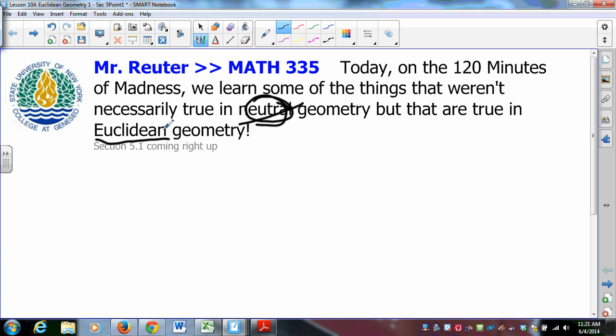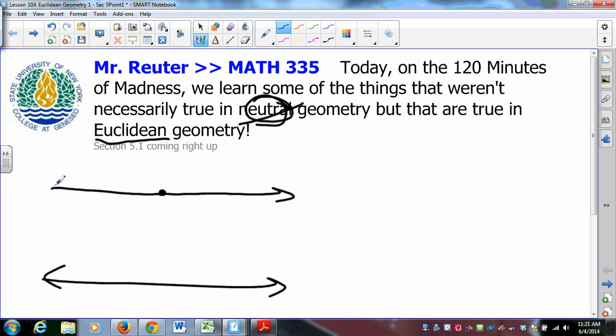So for the next few sections of our text, for the next few discussion periods together, we will assume Euclid's parallel postulate. We will assume that given a line and a point not on that line, there is exactly one parallel to the given line through the given point.